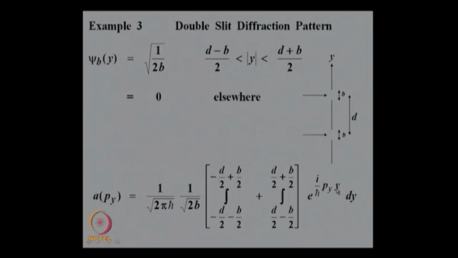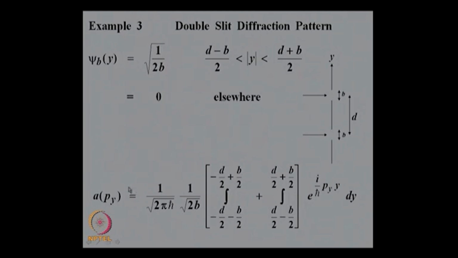Then we consider the double slit diffraction pattern. Each slit is of width b, and the distance between the center of the slit here and the center of the slit here is d. I assume psi of y is equal to 1 over root 2b in this region and in this region.